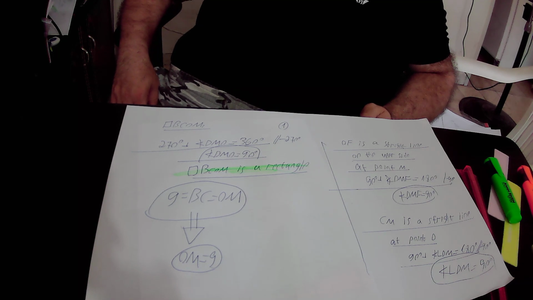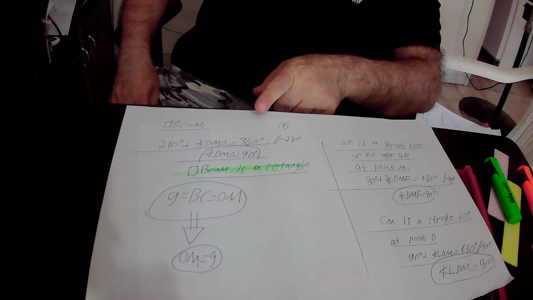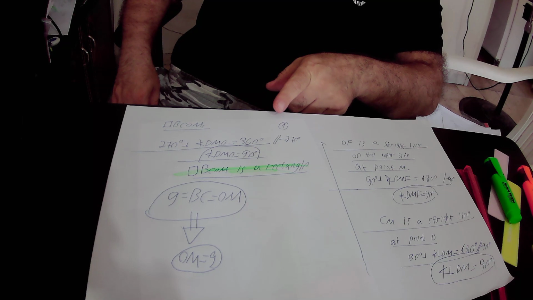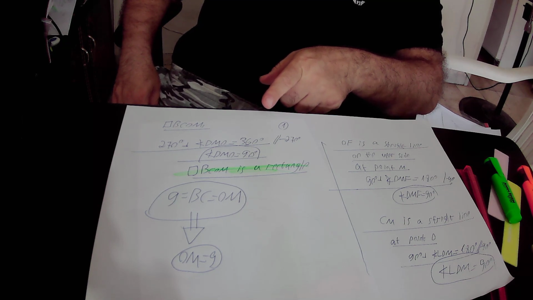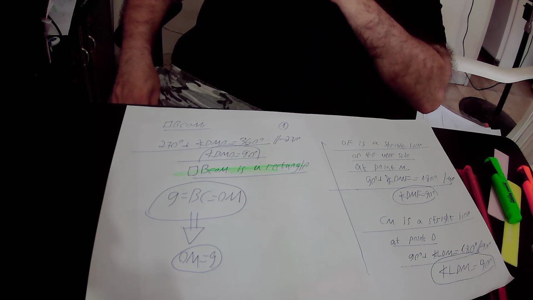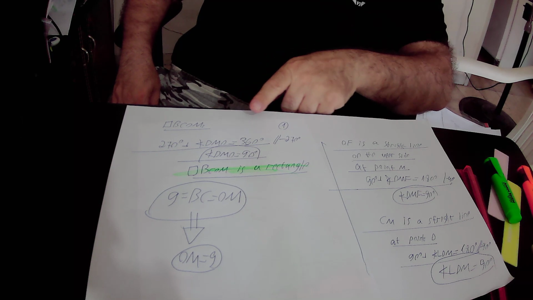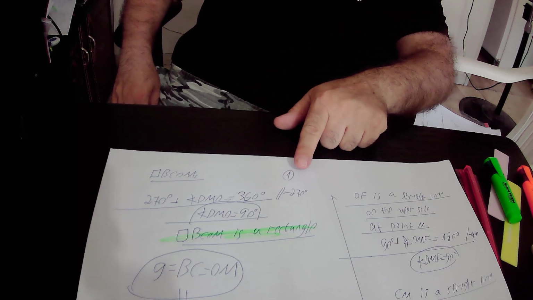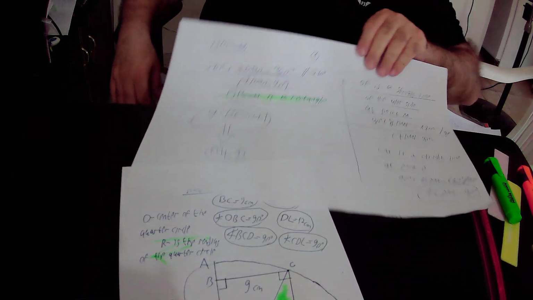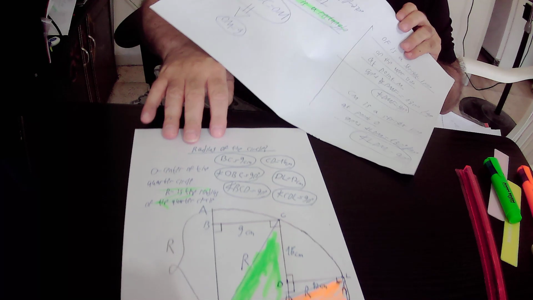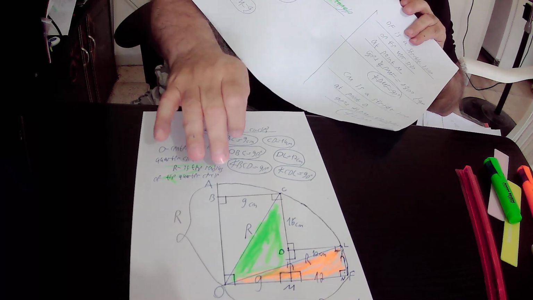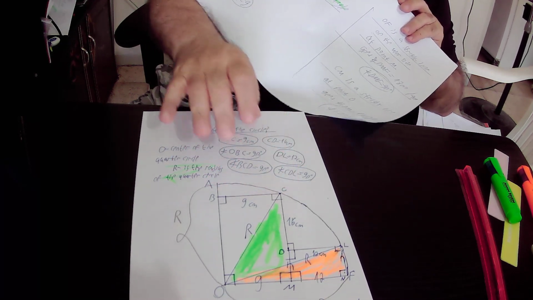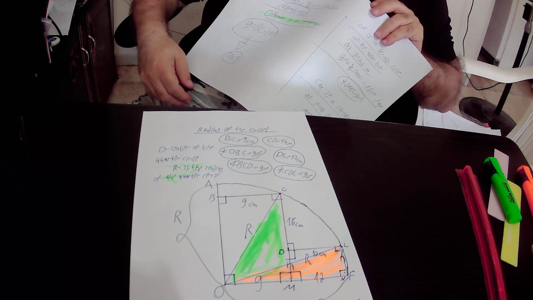Okay, so here we subtracted 270 degrees and we found out that the missing angle DMO equals 360 degrees minus 270 degrees, which is equal to 90 degrees. It is a right angle. So we actually found out that inside quadrilateral BCOM we have 4 right angles.